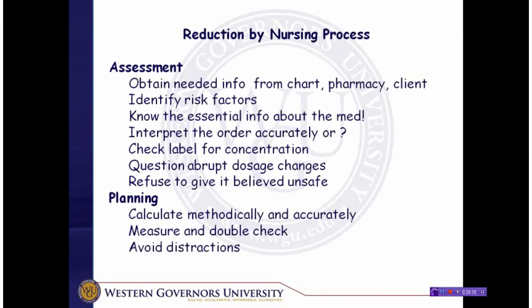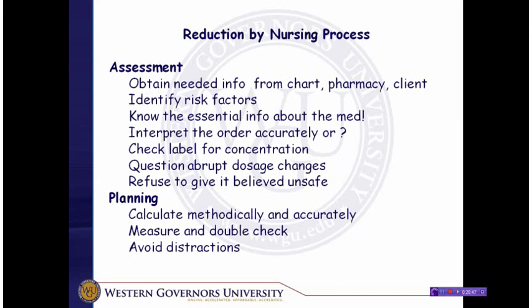Some of the things that we can do to reduce these errors are just utilize your nursing assessment, your nursing process. You use your assessment skills to make sure that we've got the accurate information from the chart, we've got the right client, we've identified any risk factors, to know the important information about the medication, to check the label on the medication to make sure it's the right one, the right concentration, and to make sure that we don't give it if we believe it to be unsafe or that we need to verify something first.